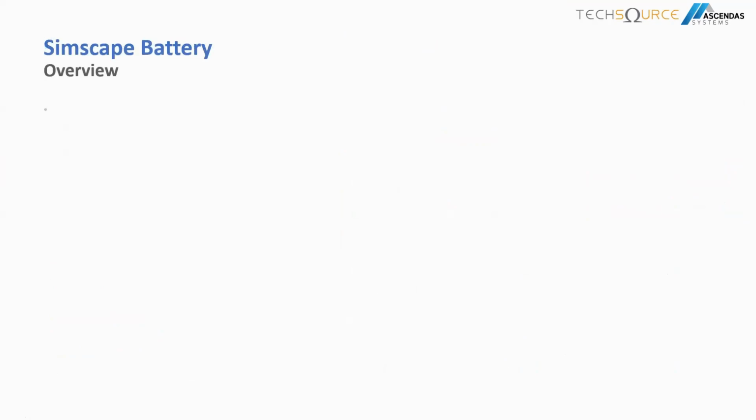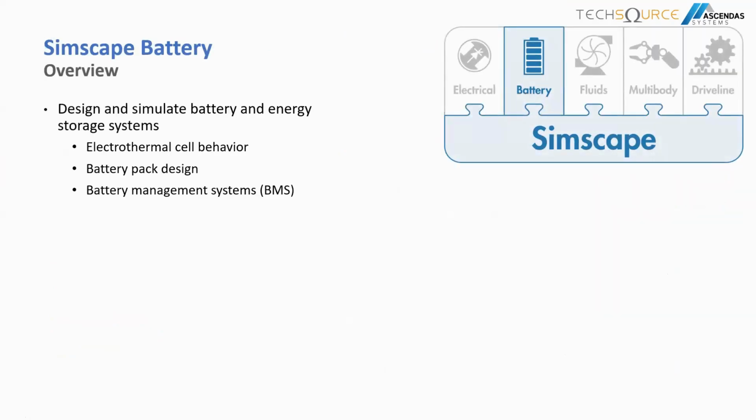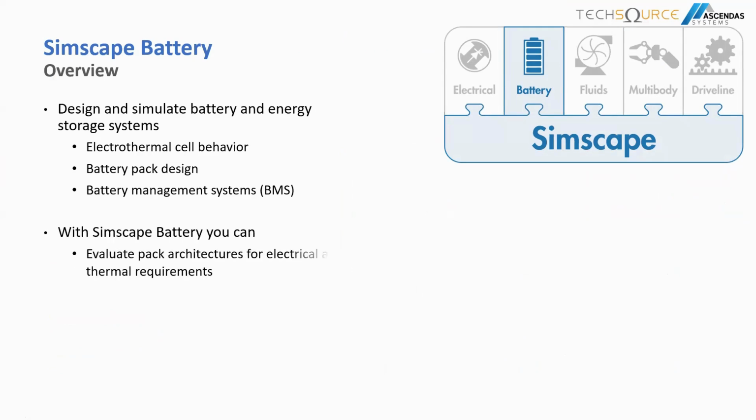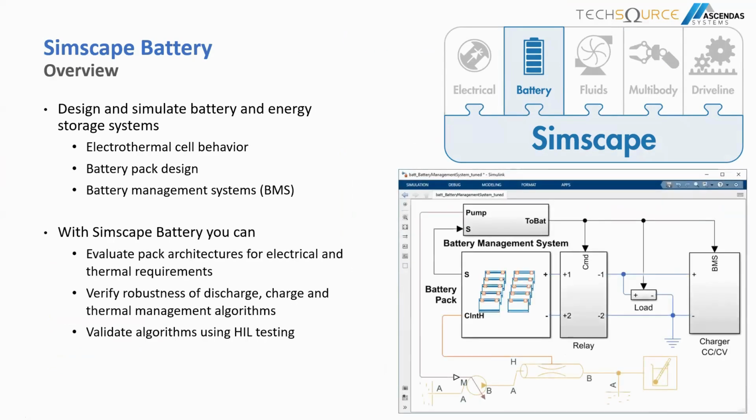So to give you an overview of Simulink, Simscape, and Simscape battery, we have battery cell blocks that can be parameterized as a function of, let's say, SOC or temperature. Simscape battery provides design tools for modeling and simulating batteries and battery energy storage systems.